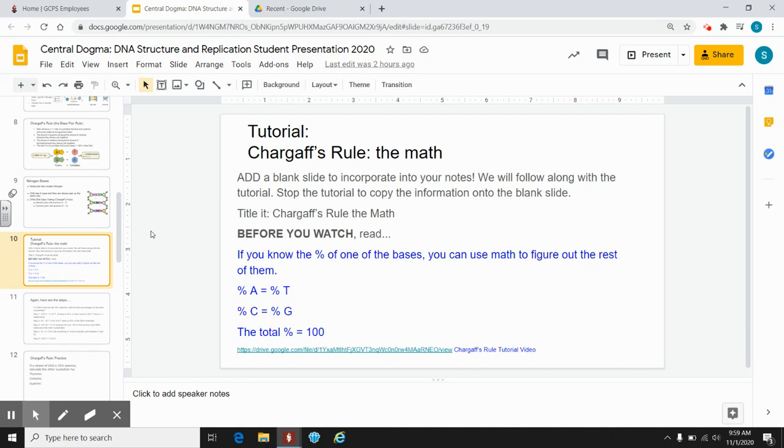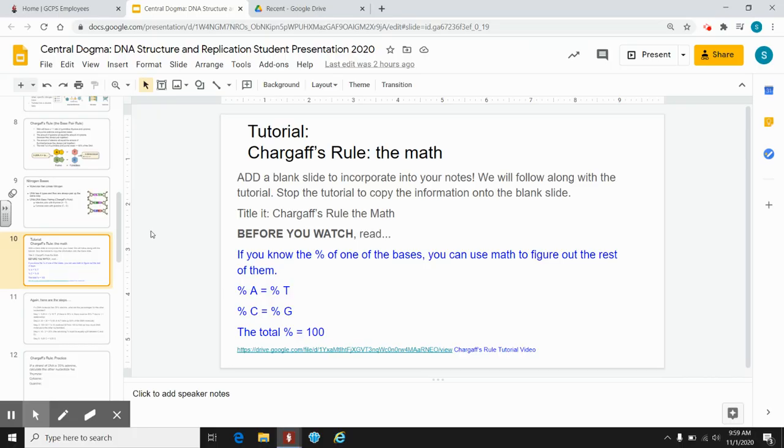And you are going to follow along with the tutorial. So you're going to need to pause the tutorial, and you might want to write down on a piece of notebook paper and then transfer it onto a slide to follow along. The take-home point here is that if you know the percent or the amount of one of the nitrogen bases, you can use that information to figure out the percentages of all of the others.